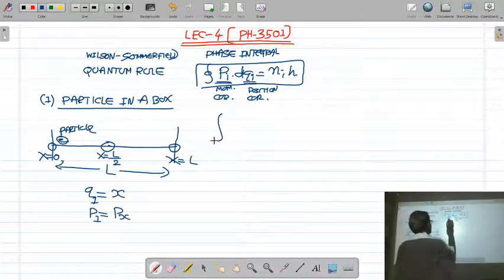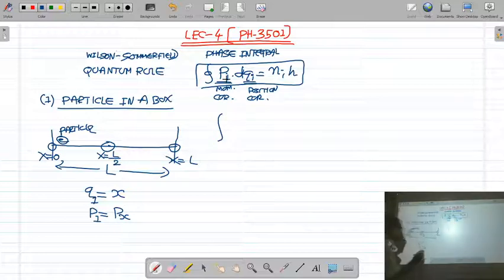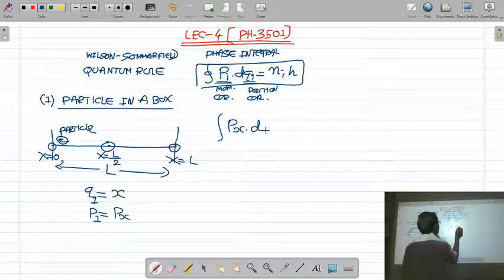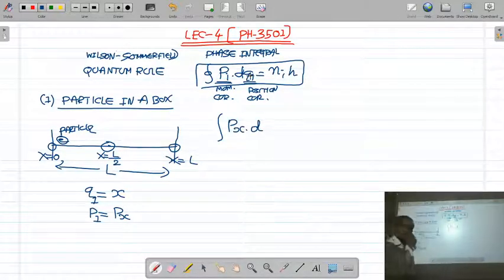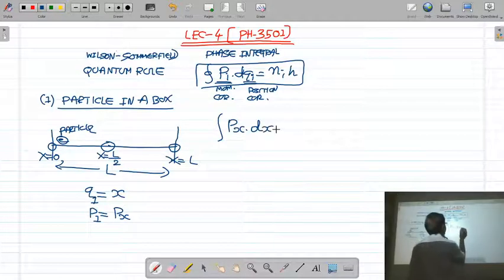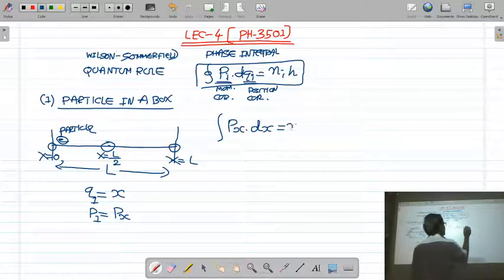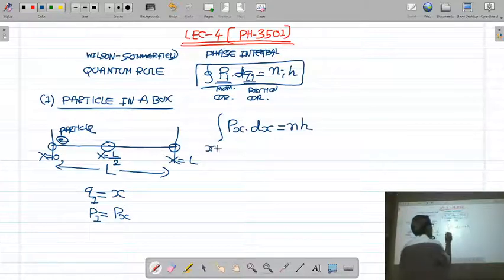Integration of px dx, since the particle is moving in a one-dimensional box on the x-axis. The momentum coordinate is px and the position coordinate is x. The limit of x we have taken from 0 to 2L.